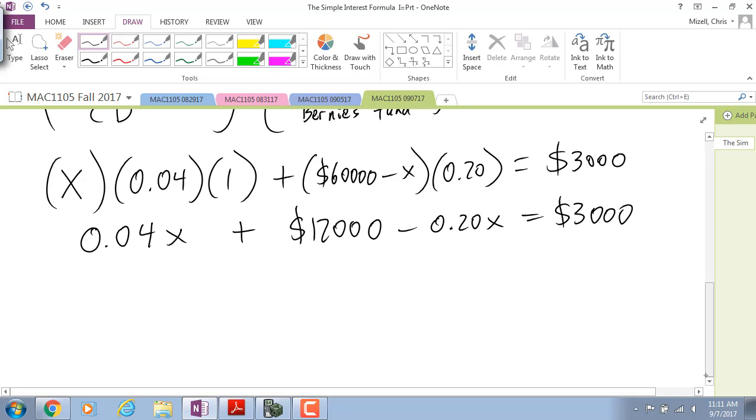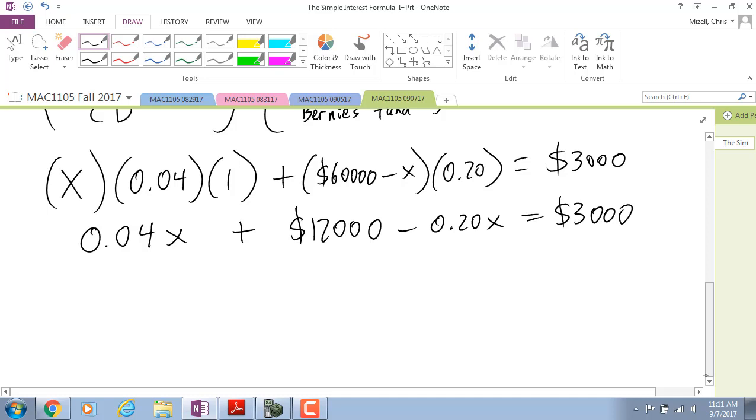Let's combine like terms. We've got a 0.04x on the left-hand side and a negative 0.20x on the left-hand side. If we combine those x terms, what would we get? How many x? Negative 0.16. Does everyone feel okay about that? Negative 0.16x. Line up the decimals.